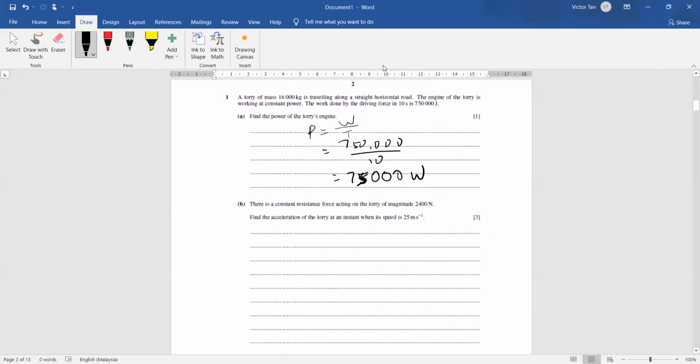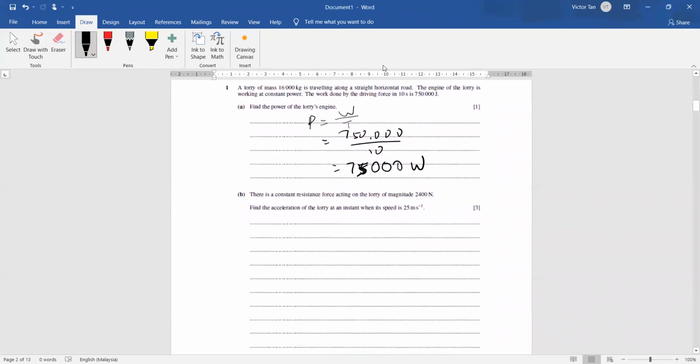Find the acceleration of the lorry at an instant when the speed is 25 meters per second. So, power equals driving force times velocity.